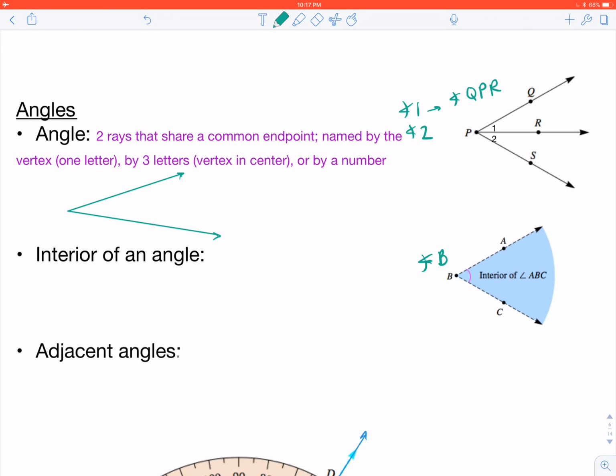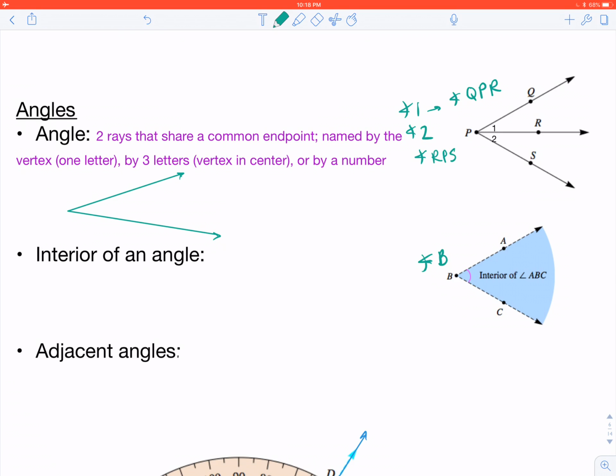Notice that the vertex is in the center and then a point on each ray is on the sides. So it starts at Q, it goes through P, and then it ends up going through R. Angle 2 could also be called angle RPS.